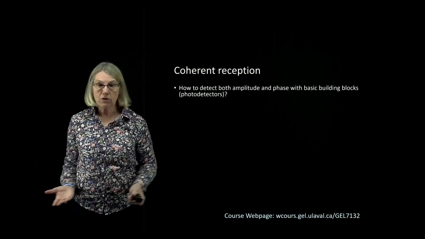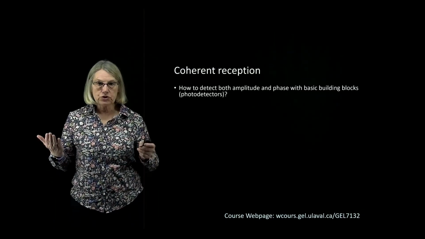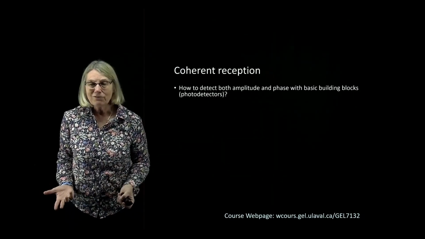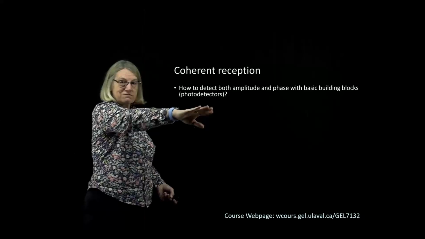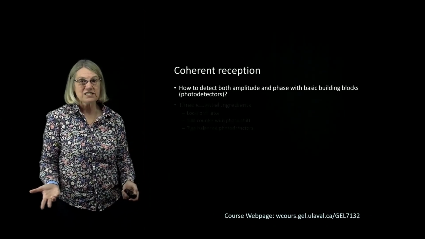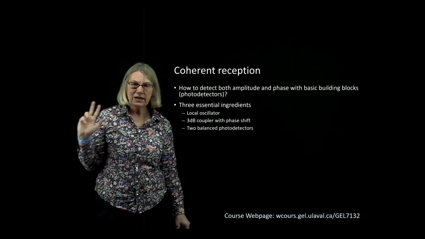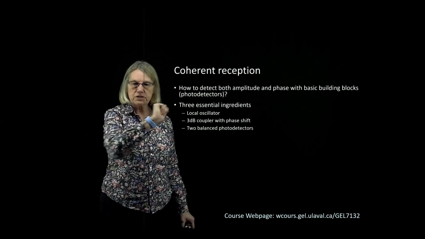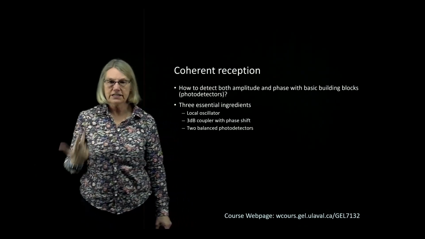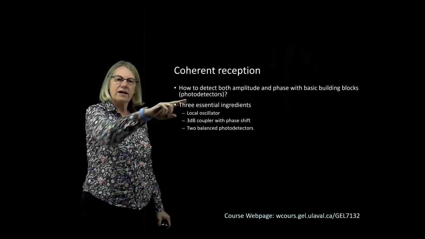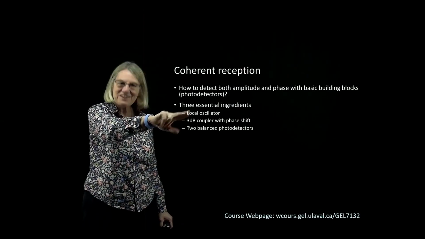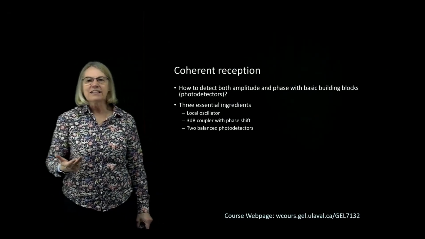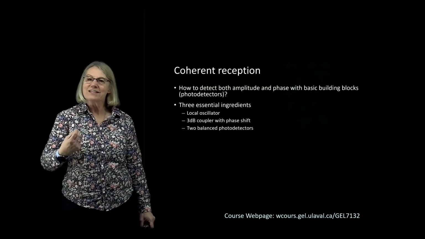So I've talked about coherent detection, that we're going to detect both amplitude and phase, but how do I do that with my basic building block, which is photodetectors? How can I use photodetectors? Well, there are going to be three essential ingredients that we'll see when we look at photoreception, photodetector architectures. And that's going to require the use of a local oscillator. A local oscillator is a laser source which is used at reception.